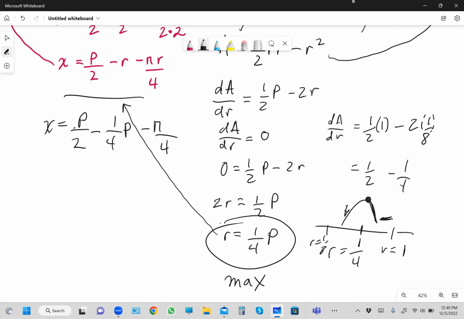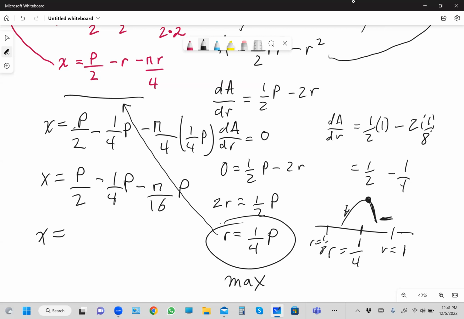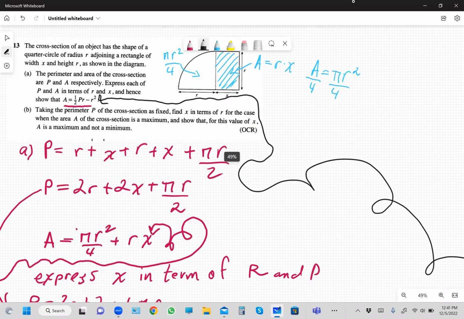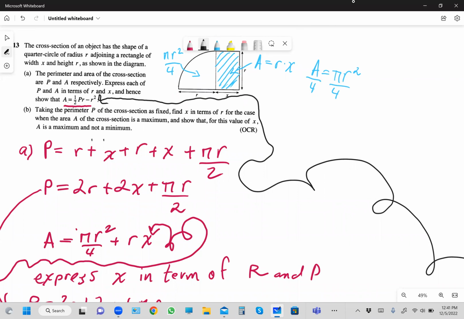R is 1/4 P. So you get X equals P divided by 2 minus 1/4 P minus pi divided by 16 P. So X equals pi divided by 16 P plus 1/4 P. So that is supposed to be X. But they want, when the area A of the cross section is a maximum, and show that for this X, A is a maximum and not a minimum.